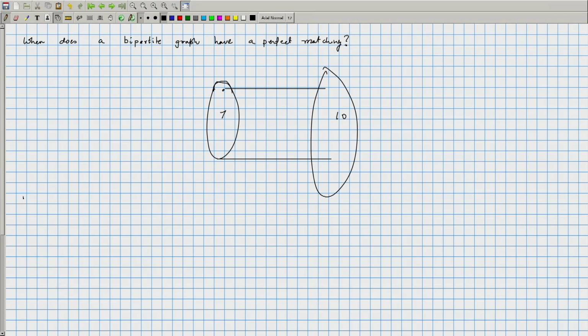So, the condition is given by Hall's theorem. This is known as Hall's condition. We will require the notion of the neighbors of a vertex to state this condition. You look at one particular vertex, it is connected to many other vertices. These vertices are called the neighbors of x, and we will denote it by N(x).